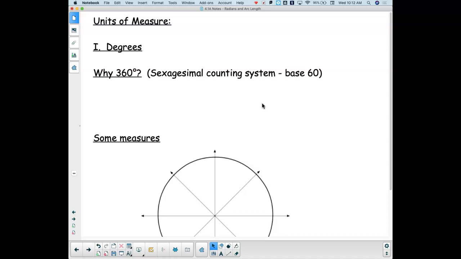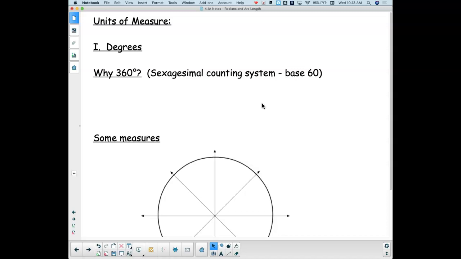So it's not bad. 9 is not bad. 10, 12, 15, 18, 20, 25, 24 for sure. Lots and lots of numbers go into that, which means we can divide up our circle into lots of different chunks.